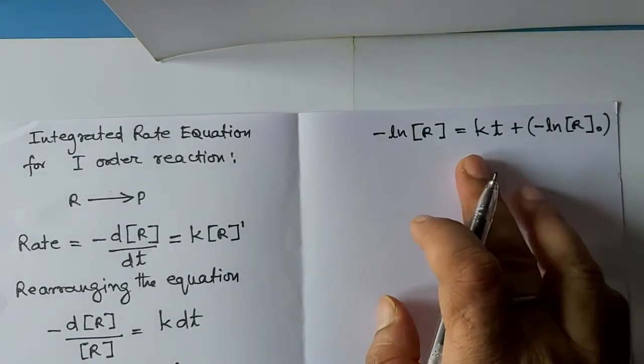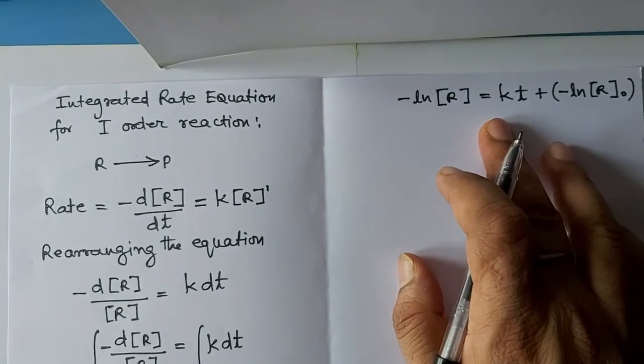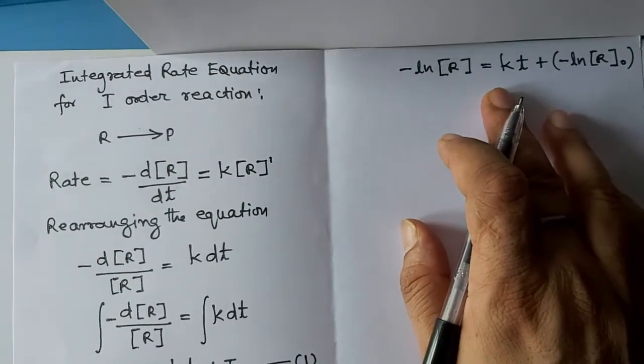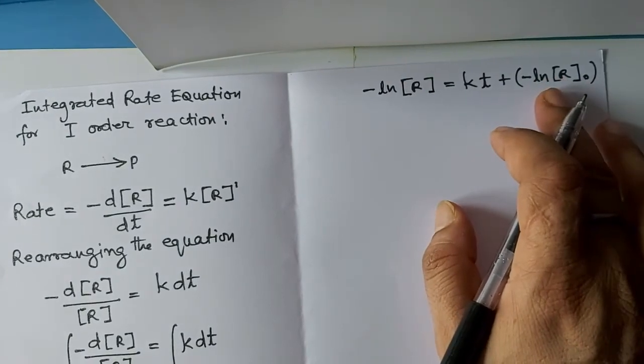Now I have put this value in the required equation. We marked equation number 1. Instead of I, I kept the value of I.